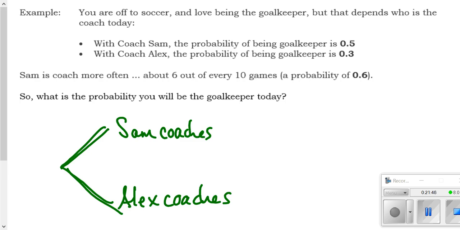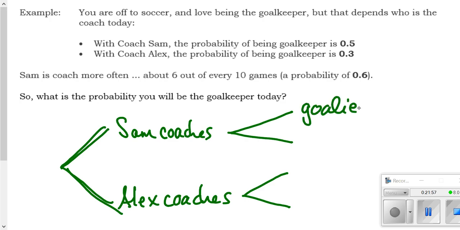Then there's going to be another tier of branches. It's going to again have two outcomes from each entry point, and it's a matter of whether I get to be goalie or not. If there were more options, like my being goalie or midfielder or something else, I'd have more than two branches, but this is really just a two-decision thing: goalie, not goalie, okay?